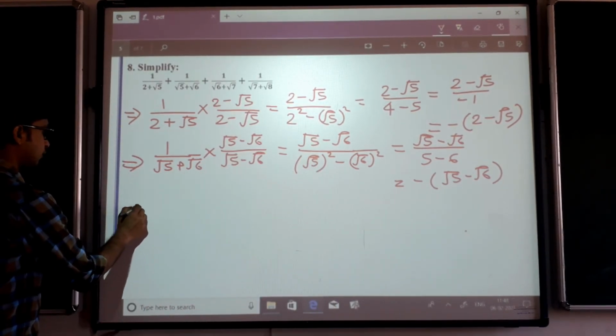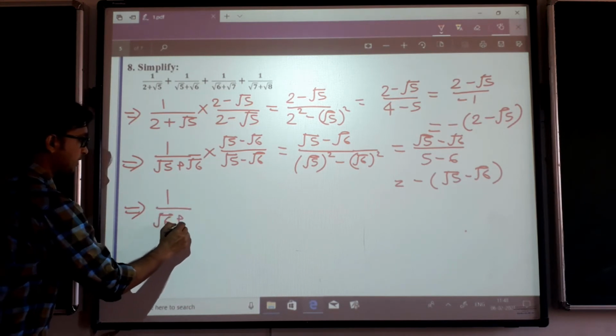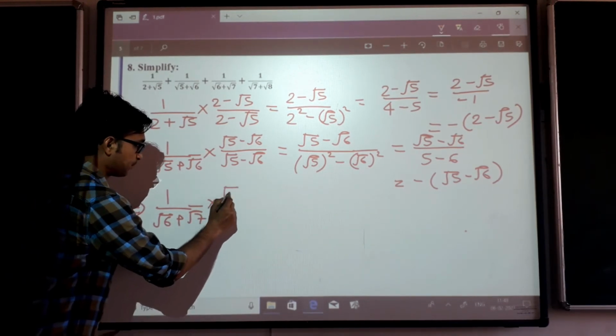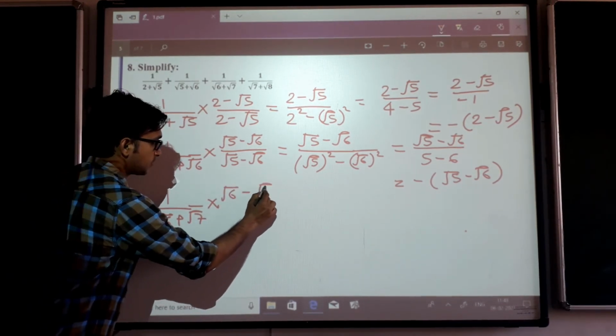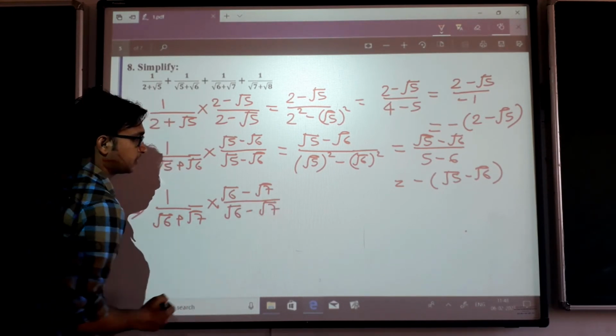Now for this, 1 upon root 6 plus root 7, just simply multiply by root 6 minus root 7 upon root 6 minus root 7.